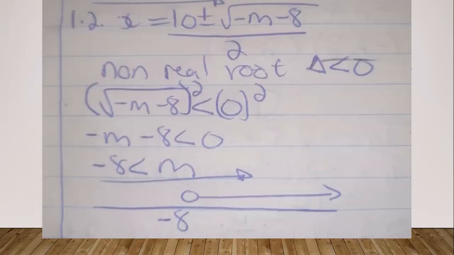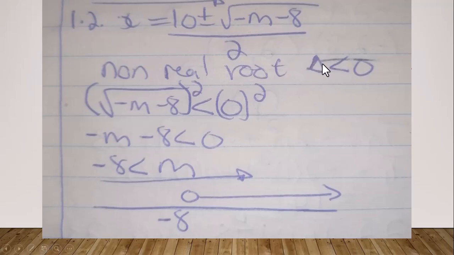And then what you do when a question like that is given to you, you should know that for the roots to be non-real, the discriminant, the delta, should be less than 0. You take what is inside of the square root. Please, you just focus on what is inside of the square root, because what is inside of the square root is in actual fact what determines the discriminant of the equation.